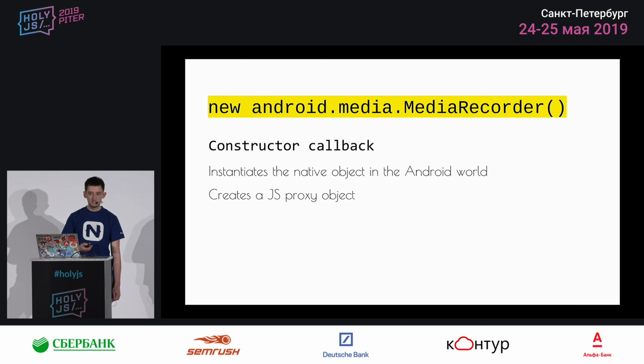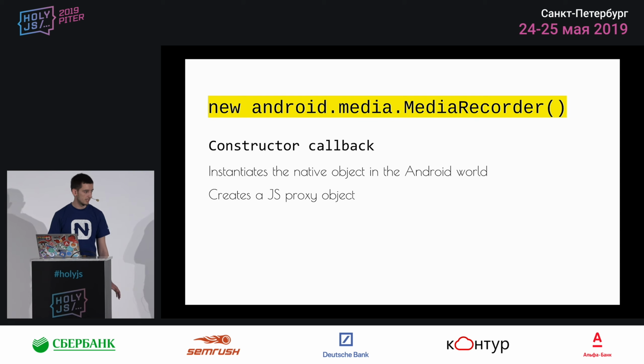After we instantiate the native object, we create a special JavaScript proxy object. This is similar to the special proxy objects we mentioned a couple of minutes ago, and again, it is quite similar to the native media recorder class. The proxy object has the same properties, the same fields, the same methods, but it has callbacks attached to them.